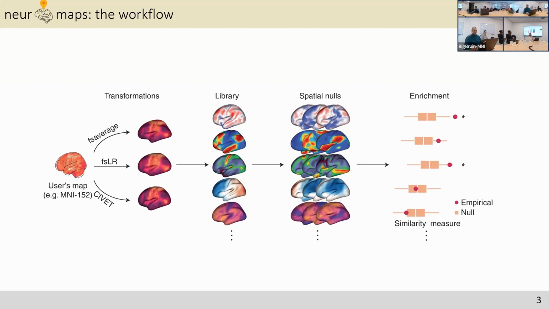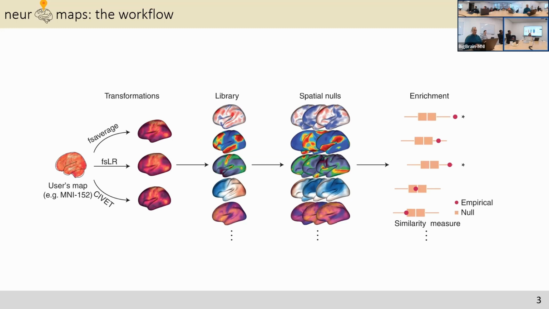So the first thing you'll have to handle when you use Neuromaps is to transform your brain map to whatever coordinate system the people in the literature have used to do their own research. So one of the first things Neuromaps does is give you these tools to do these transformations.